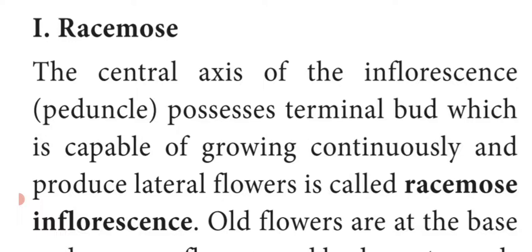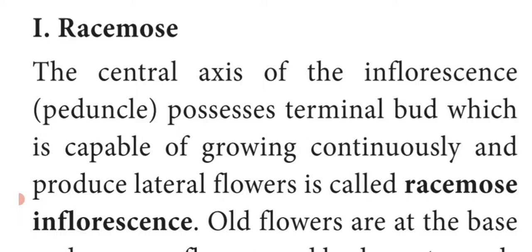At the tip of the inflorescence axis or peduncle, it possesses a bud, known as the terminal bud. The bud only afterwards modifies into, what is that one? Flower, isn't it? So at the tip of the peduncle, it possesses a terminal bud.